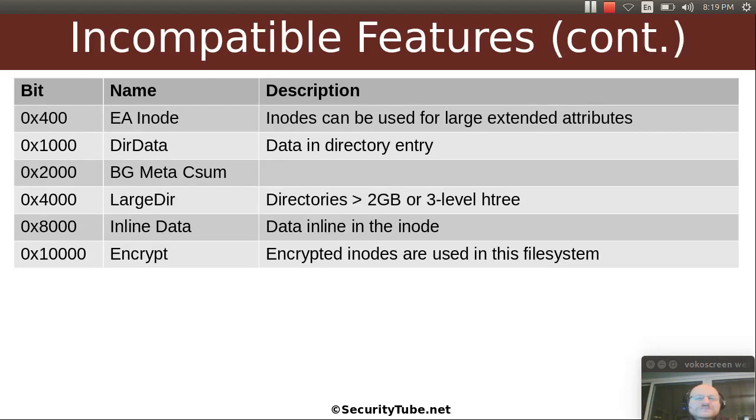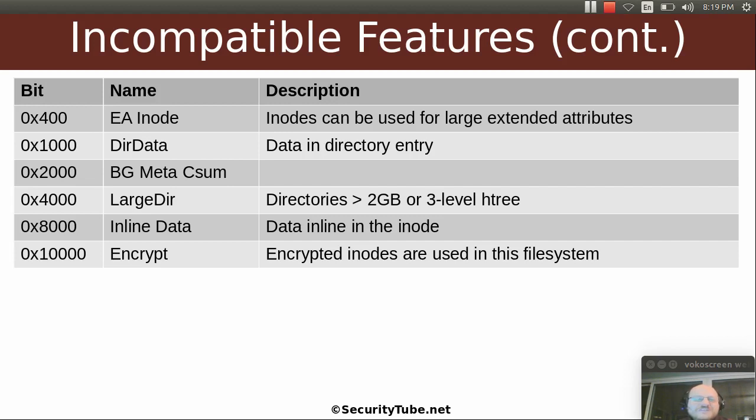You can also have extended attributes stored in the inodes. If you have support for large extended attributes, they can be stored in the inodes with this feature enabled. Dir data is another feature, and this feature allows you to put some of your data inside the directory entry, and this is useful if you have small files.